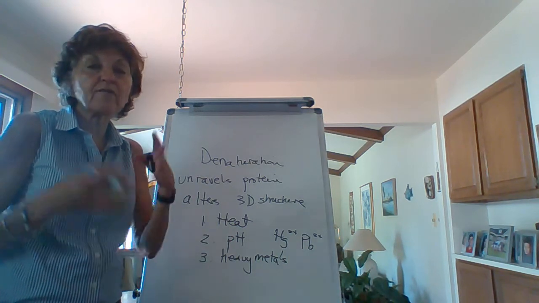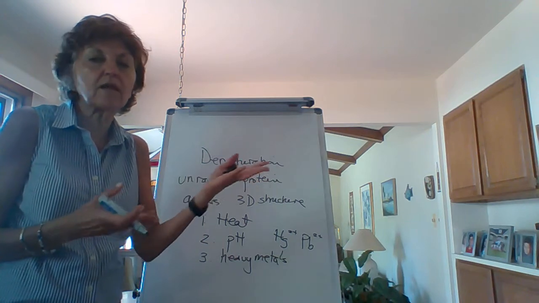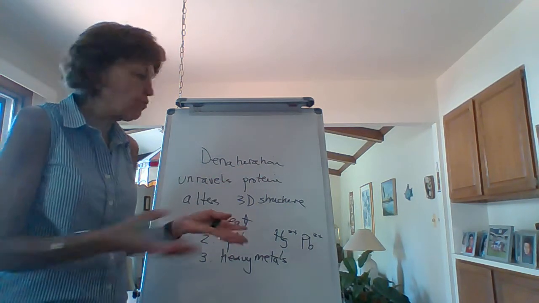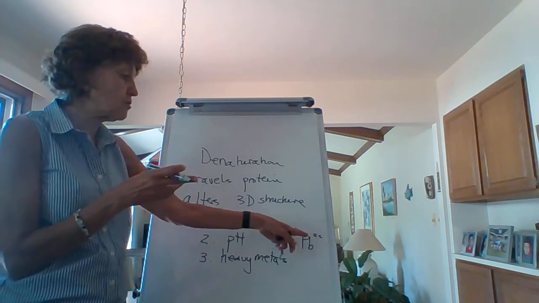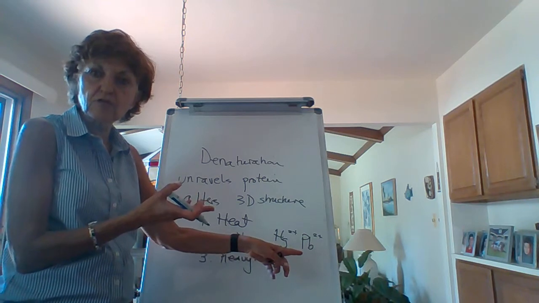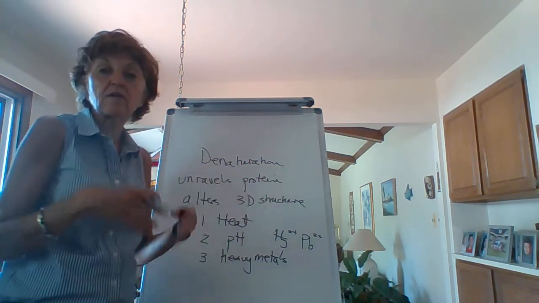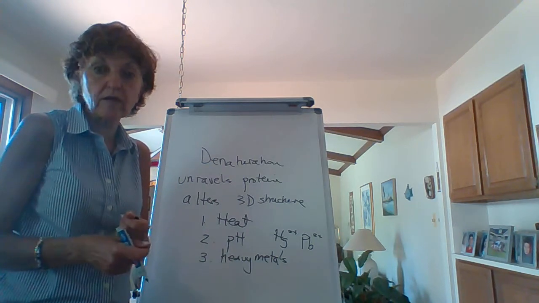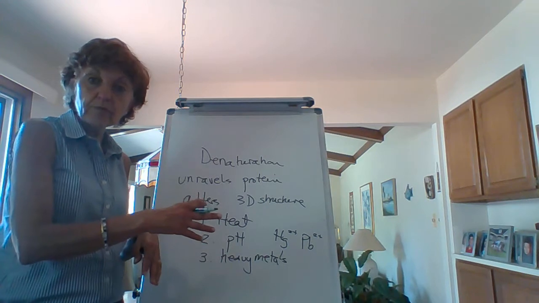For example, if you have an aspartic acid that's normally ionically bonding with a lysine, and then you throw in a lead ion there. Well, now the aspartic that's negatively charged starts getting attracted to this lead ion, which is with a +2, and maybe two aspartics start to get attracted to it instead of doing their normal ionic bonding. So you throw in heavy metals, you're going to denature a protein.